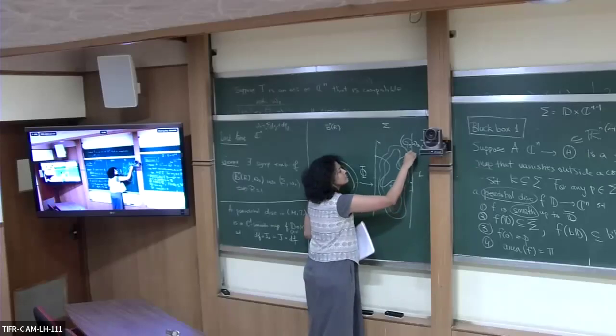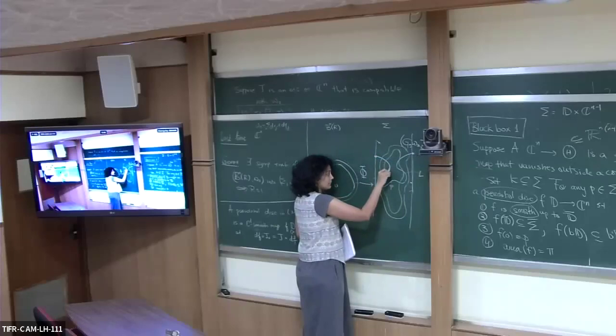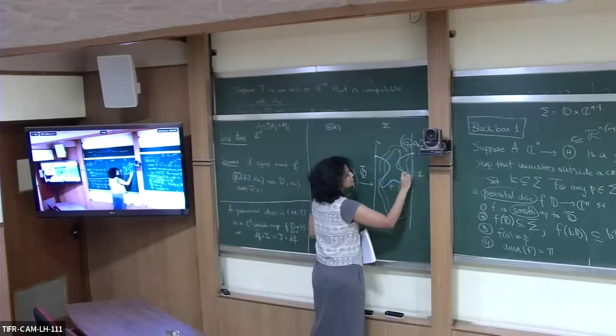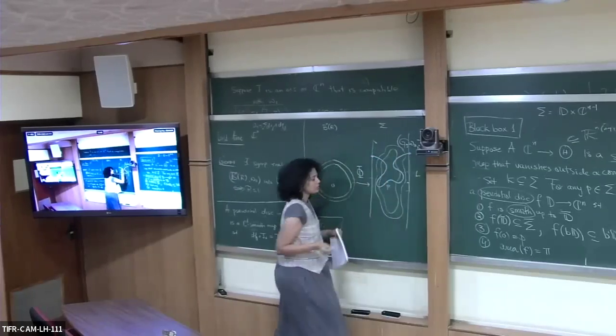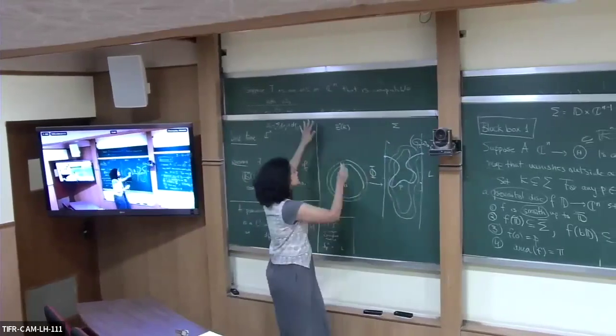Okay, so when I apply the black box, I'm going to get a pseudo-holomorphic curve like this, passing through P and touching the boundary. Let's see what's happening here. Okay, this is the image of a disk.